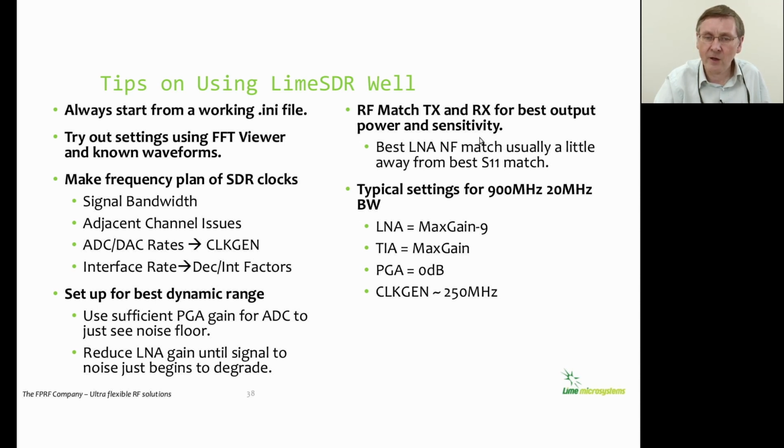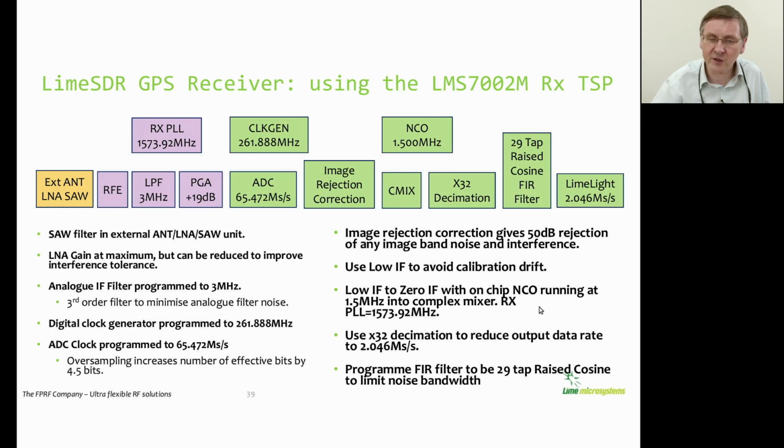Typically, the RF receiver matching is a little away from the S11 match to give the best noise figure. Typical settings would be for the LNA with max gain -9 for the LNA, TIA on maximum gain, the PGA on 0 dB gain, and a clock gen of about 250 megahertz.